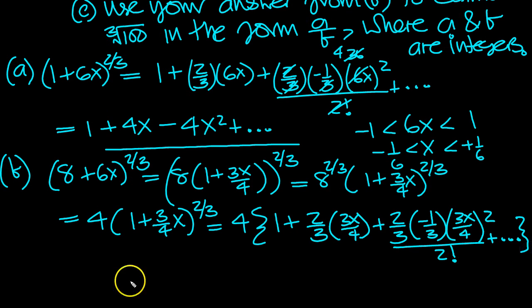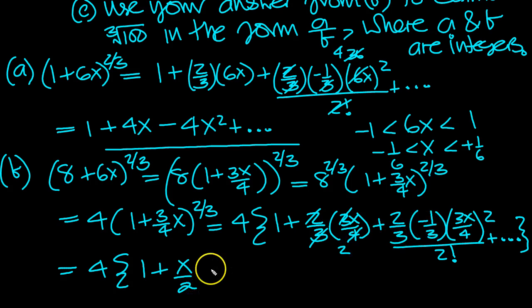Close brace, so that's equal to 4 lots of, well, I'm going to leave the 4 there for now. It's 1 plus, the 3's cancel, and then the 4 and the 2 cancels to leave a 2 underneath. And then we've got a minus. The 3 squared will cancel with the 3 squared here. The 2 will cancel with the 2. So it's minus x squared over 4 squared, which is 16.